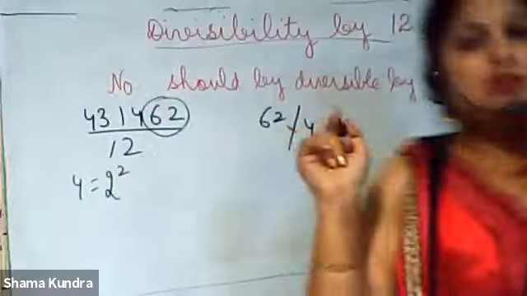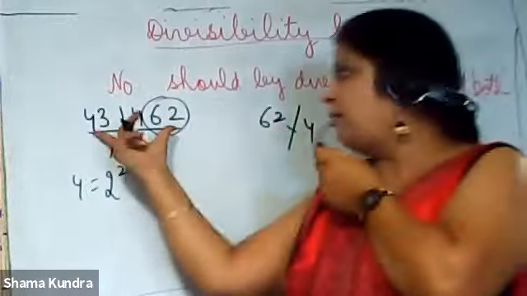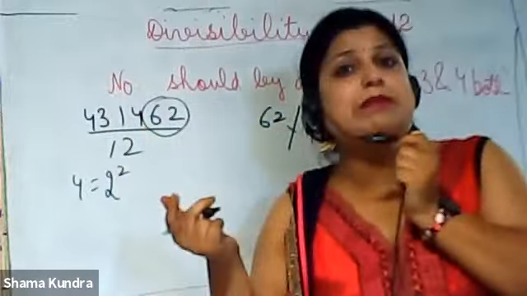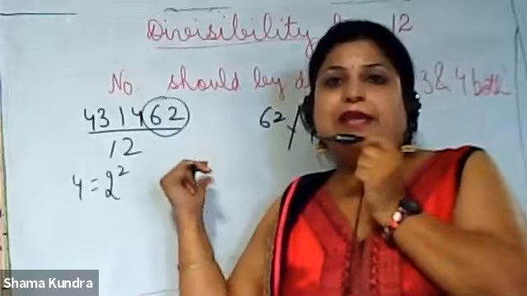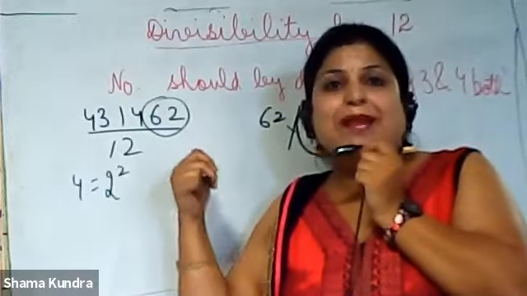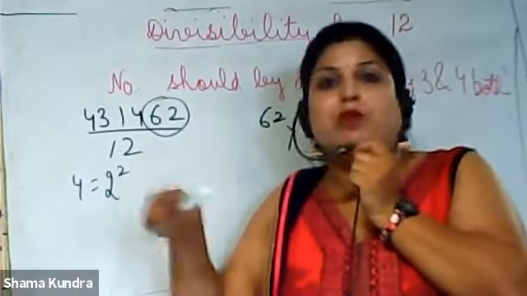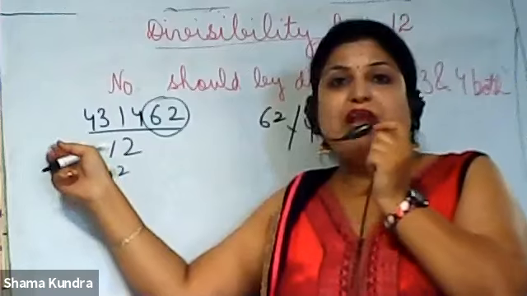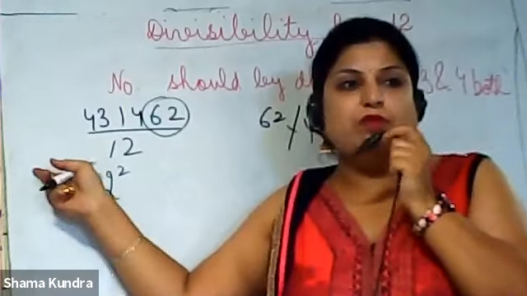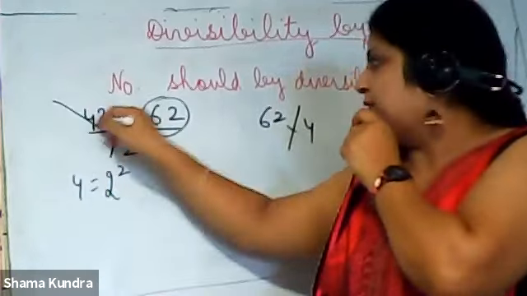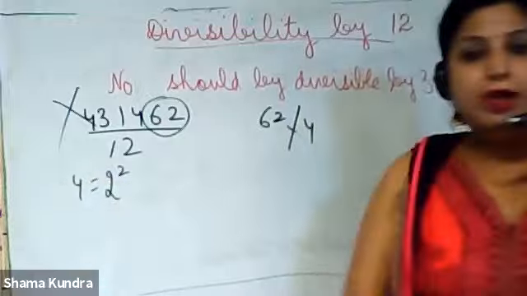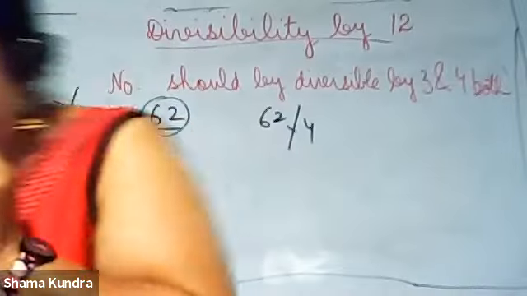If 62 is not divisible by 4, then the complete number is not divisible by 4. And here the case fails. For 12, it must be divisible by 4, but it fails the divisibility rule for 4. So I must say the given number is not divisible by 12.